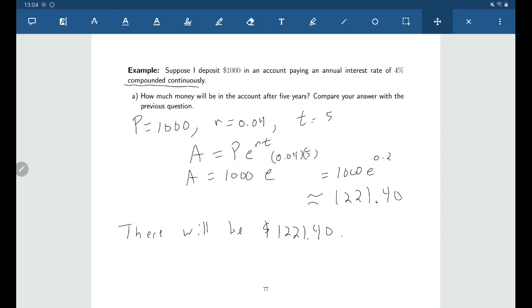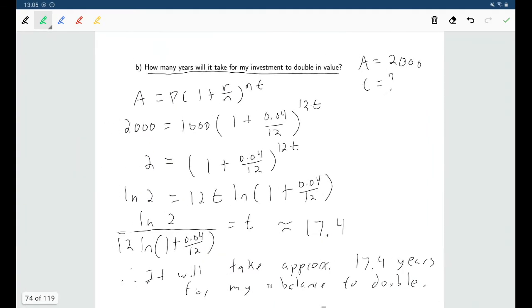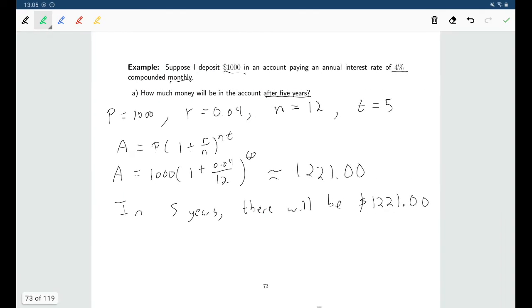Now, just to compare this with our first problem that we did, notice that here our balance after 5 years is $1,221.40. If we were compounding our money monthly only, there's not that much of a difference, $1,221.00.